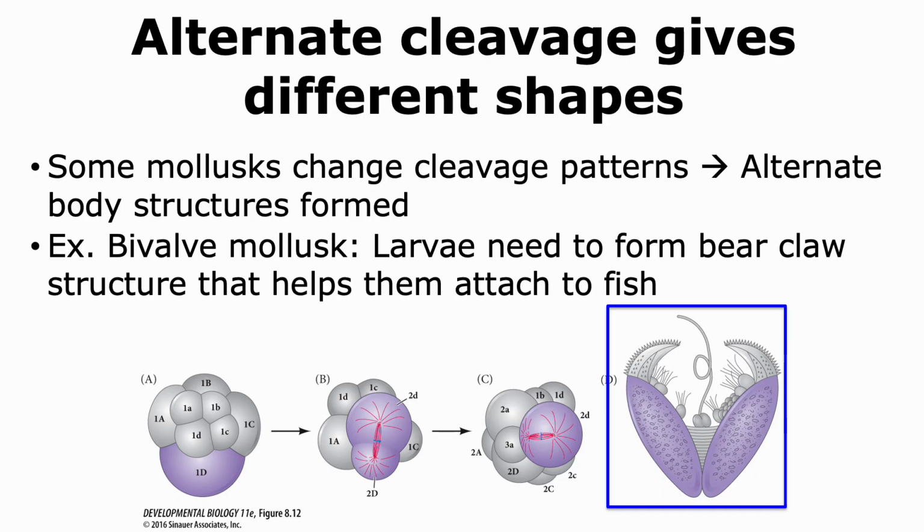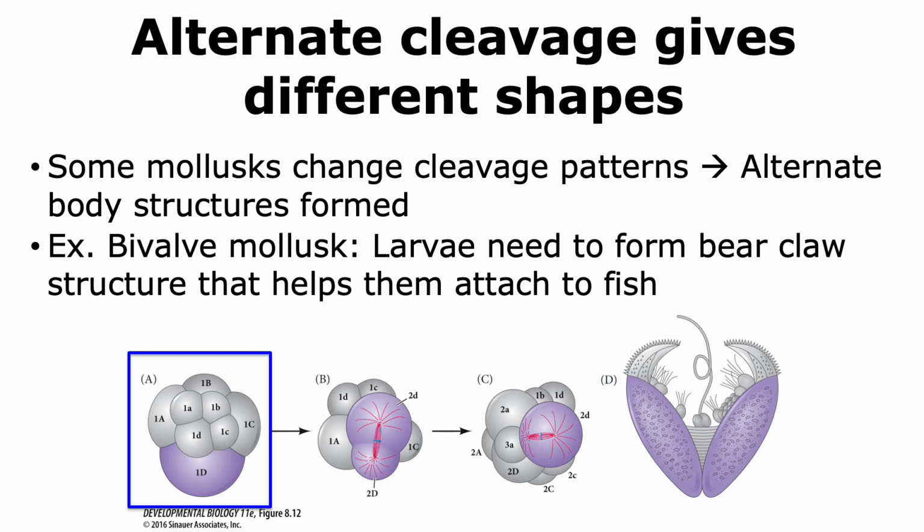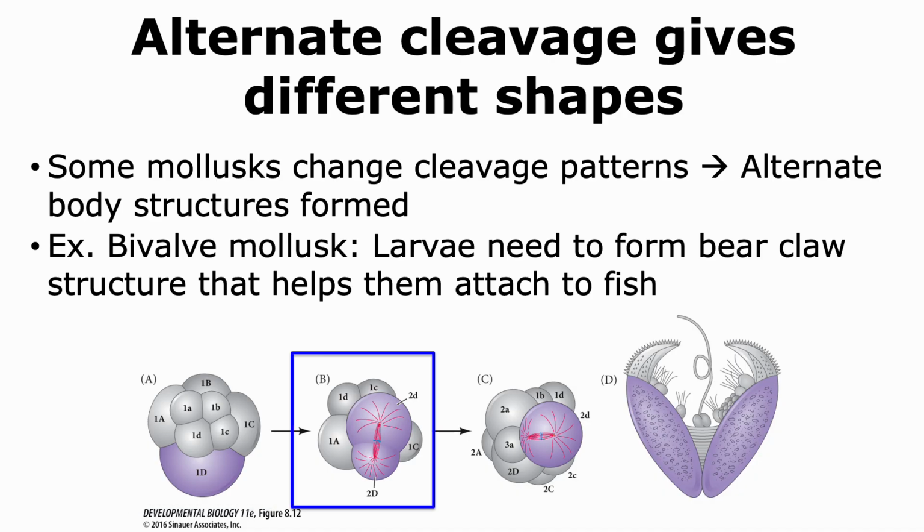Now for this claw-type structure to form, when we look at what happens during the cleavage process in the bivalve mollusk, we can see the presence of macromeres and micromeres, similar to what we saw in snails. When the D macromere undergoes cell division, normally the 2D will remain as a macromere and we will get a 2d micromere.